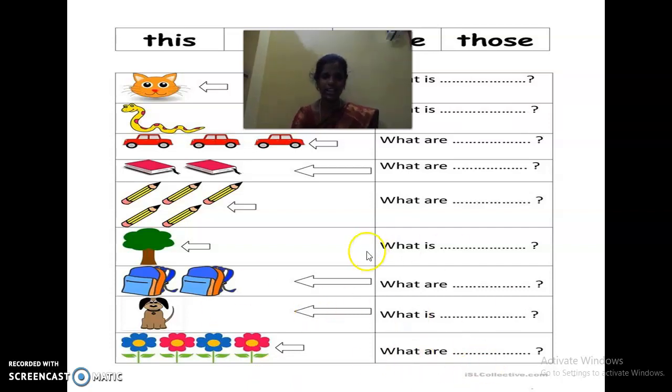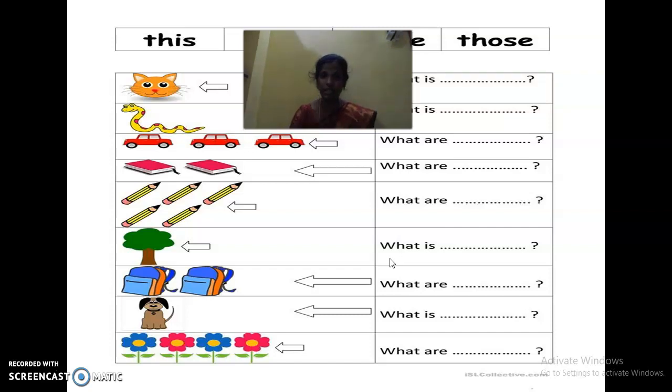What are these? Okay, I hope you all understand the demonstrative pronoun, where you have to use it. So everything will be clear about that topic. Am I correct, kids? Okay, I will explain this again. For this and that, the noun should be singular. For these and those, the noun should be plural. If the object is near, you have to write this only for the singular noun.